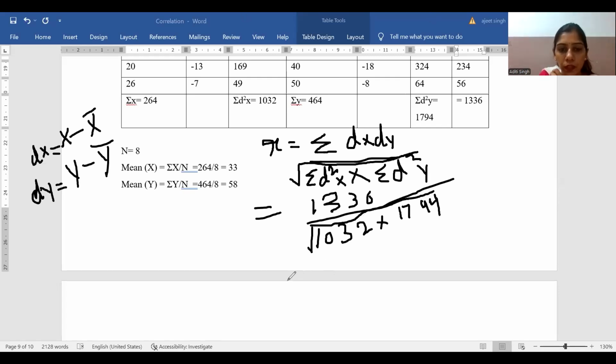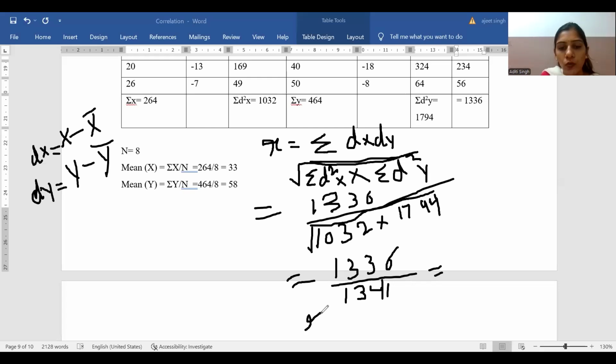So it is equal to 1336 divided by 1341. So the answer will be 0.98.